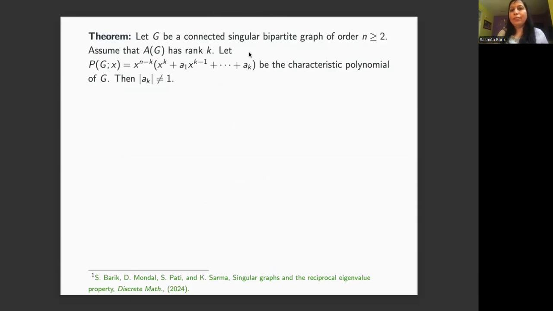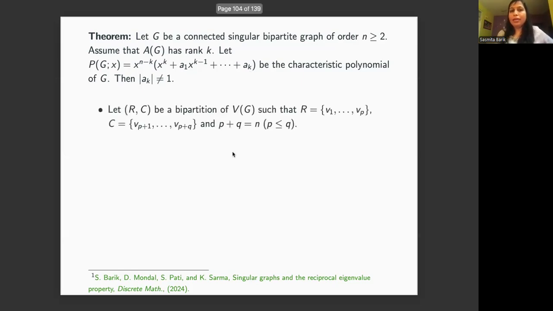It has to be proved for the bipartite case: if G is a connected singular bipartite graph and AG has rank k, then this last coefficient ak, which is non-zero because we are considering rank k, cannot be plus 1 or minus 1. Okay, the proof here does not use the direct product, but when we go to the non-bipartite case, we will use the direct product.